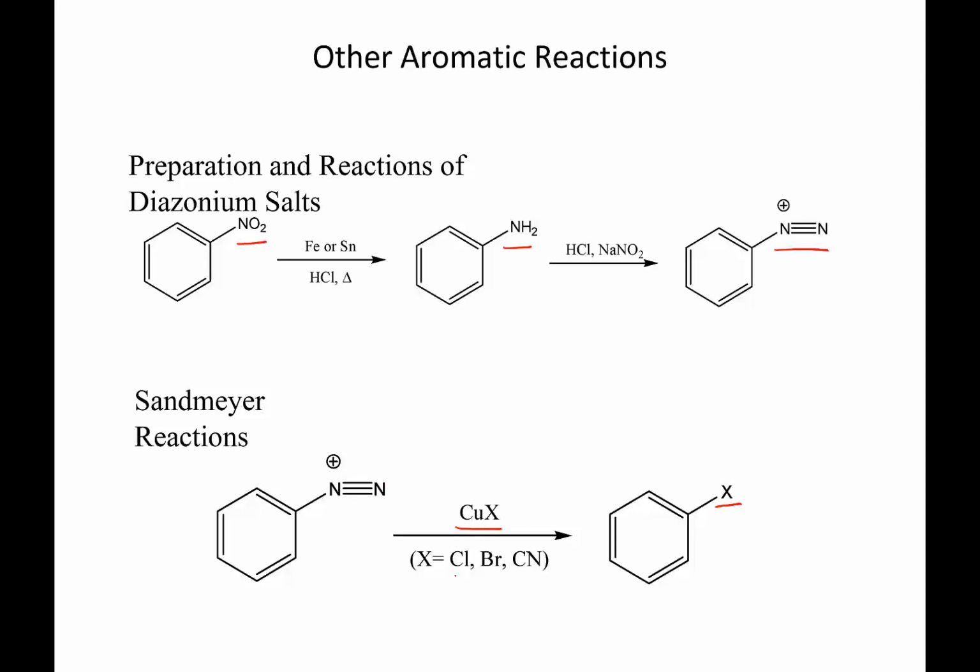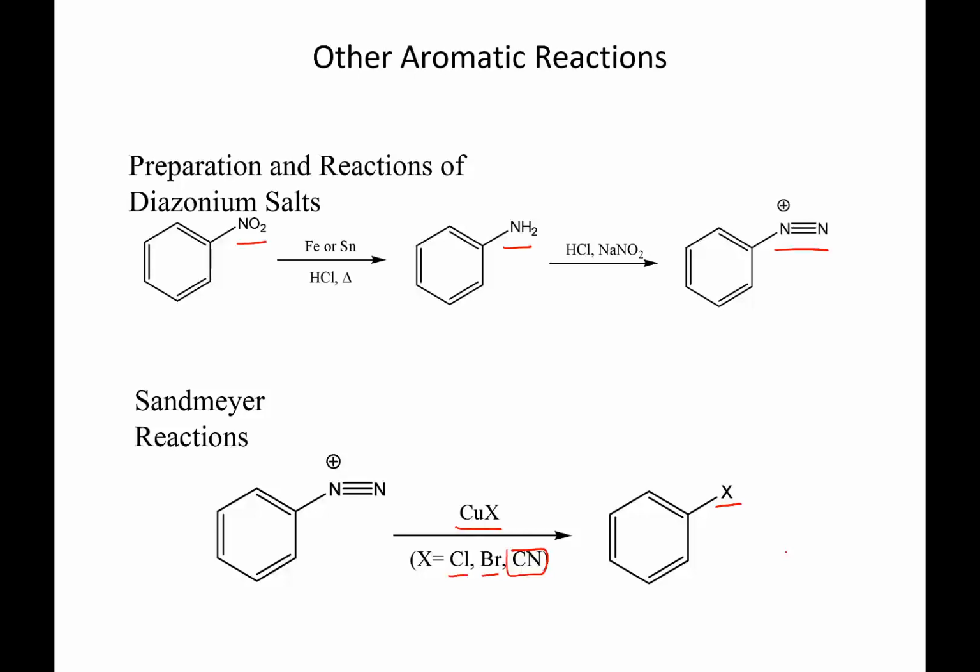We already know how to put a chlorine and a bromine on the ring, but this allows us to put a C triple bond N on the ring. So if you wanted to make a nitrile, if you want to add a nitrile group to the benzene ring, it's basically going to be like 4 or 5 steps.